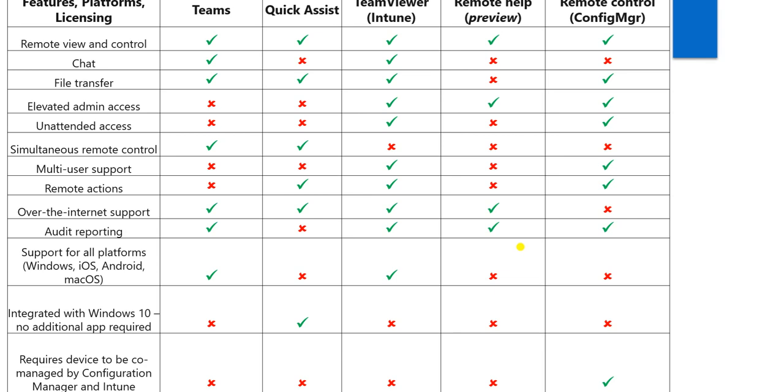You can do simultaneous control. Multi-user support won't be supported. Remote actions won't be supported. So these are the charts of what you can do with Teams, Quick Assist, remote viewer, or Remote Help. You can read it, and then you will be able to understand what type of feature we can utilize.